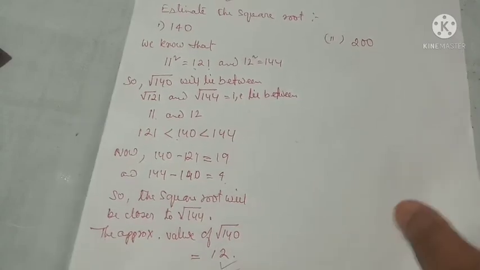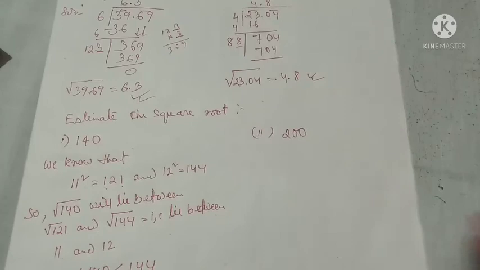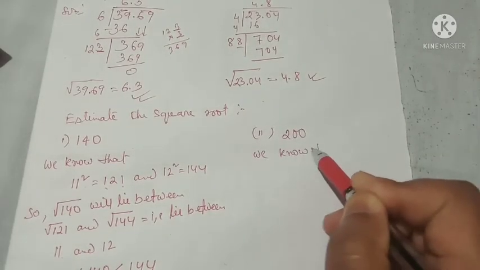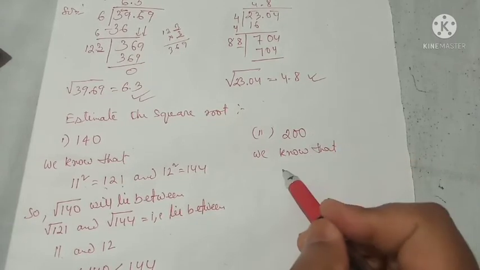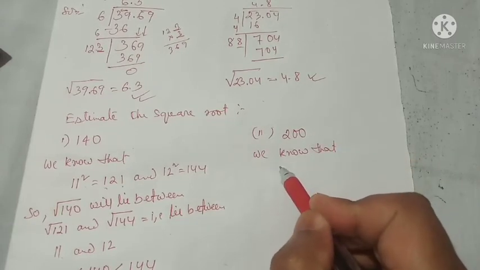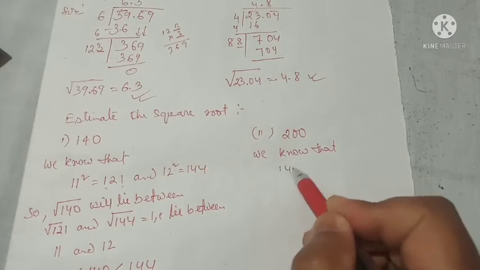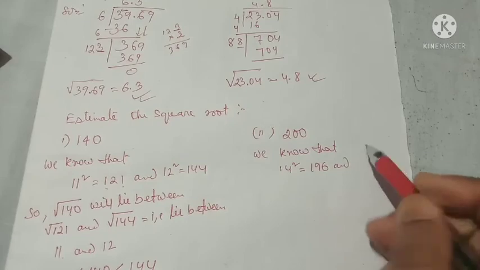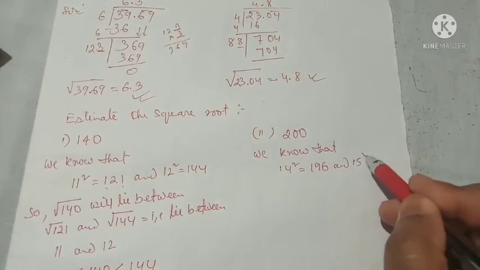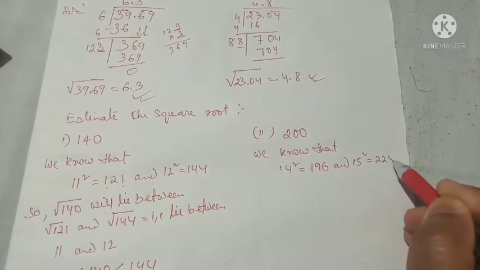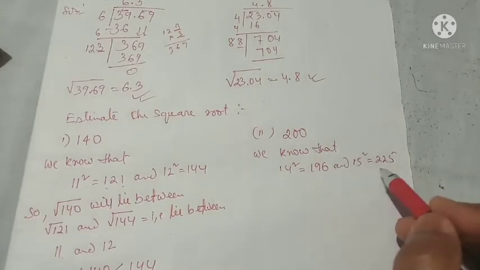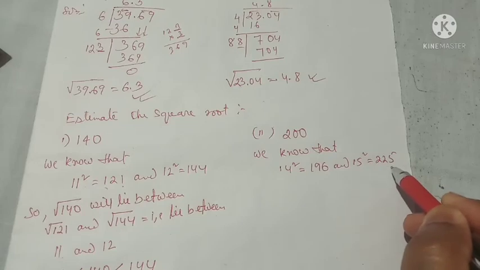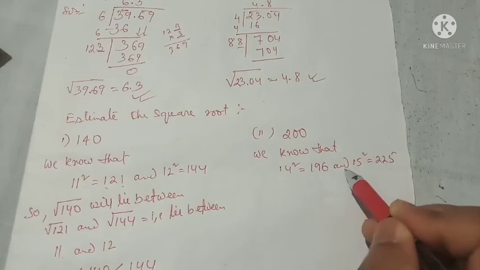In this way we are going to find out again for 200. We know that 14 squared is 196, and 15 squared is 225. These are the two numbers. 200 lies between these two numbers, 196 and 225. It is less than 225 and greater than 196.